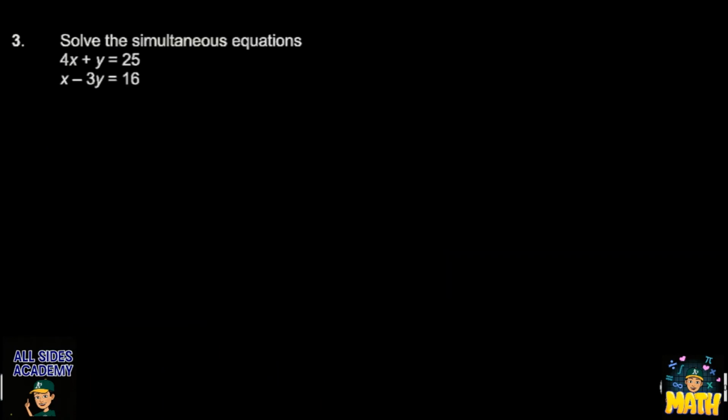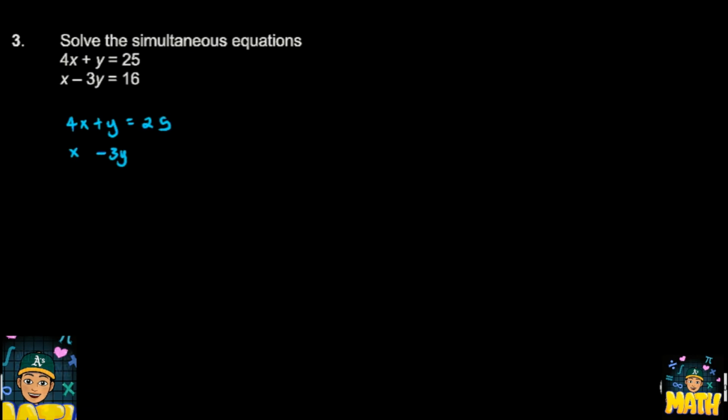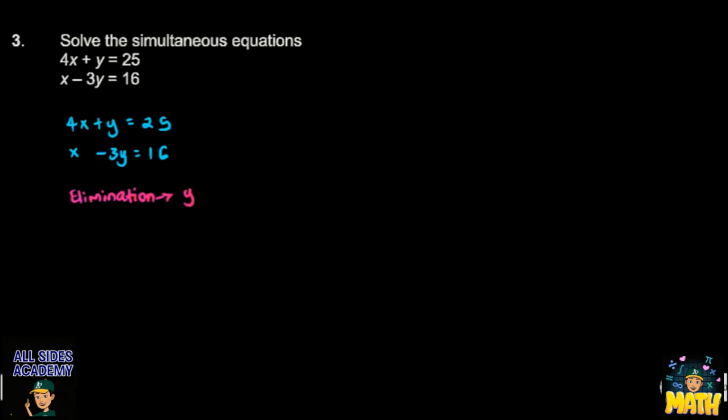Solve the simultaneous equation. So here we have x and y. So you have to choose which of the letters you're going to eliminate first, because the method we are using is still elimination. So in this case, I will eliminate y.